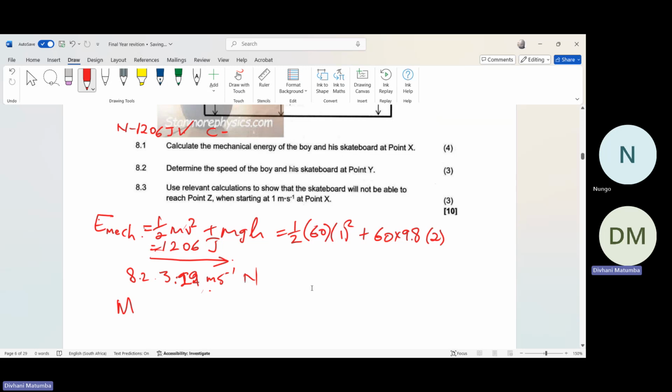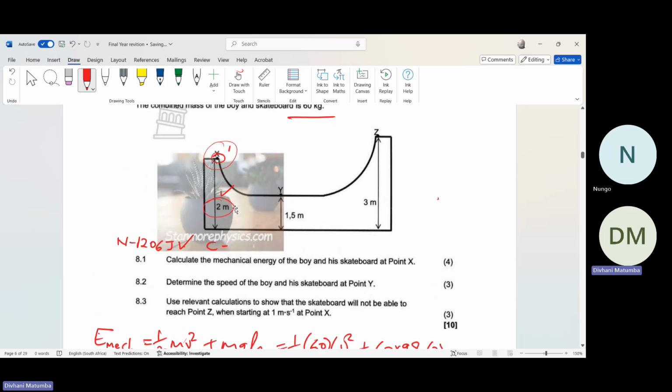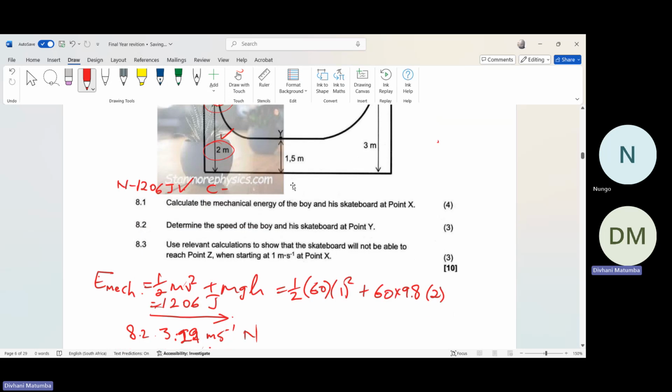If mechanical energy is conserved, the mechanical energy at X and the mechanical energy at Y and Z will be the same.